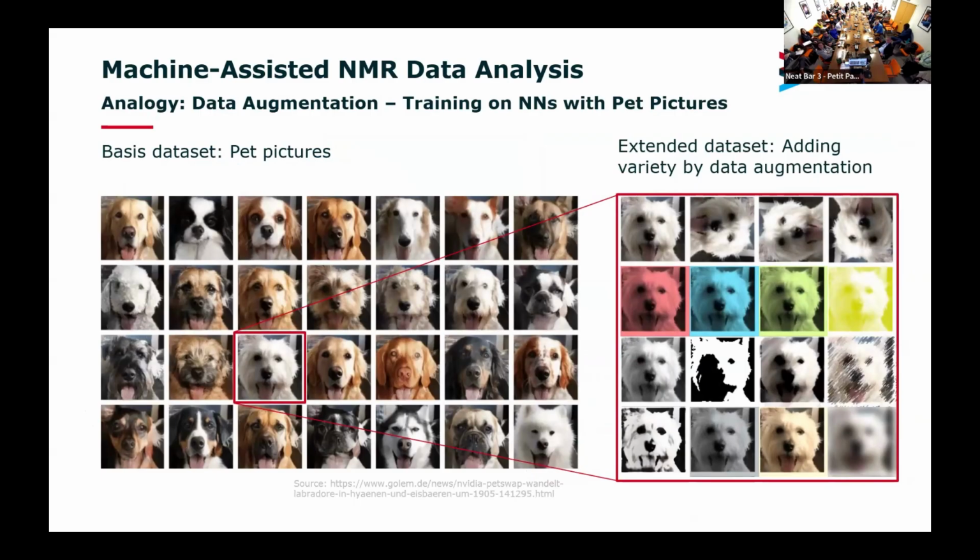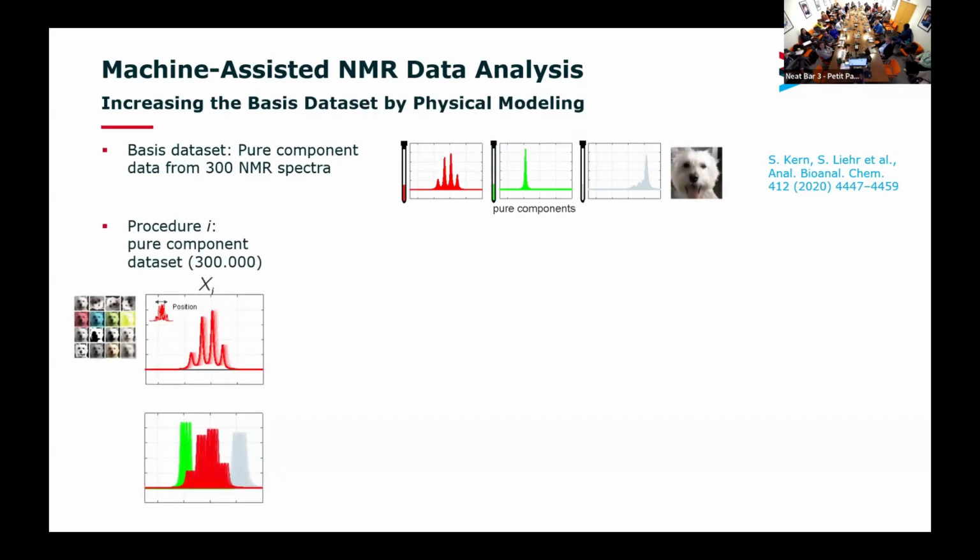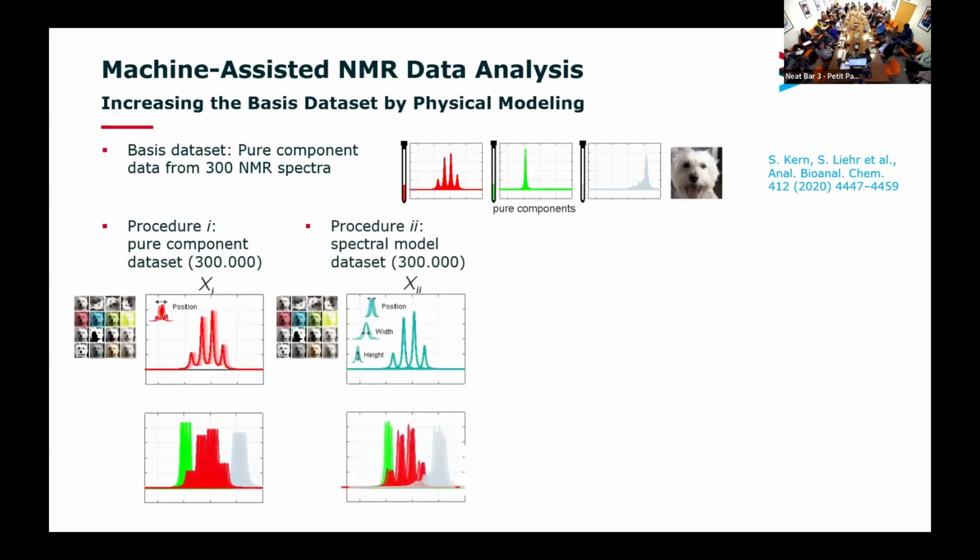And if we transfer this to what we did with the NMR spectrum, we took our pure component data from 300 NMR spectra. What we did basically is we inverted our process of this indirect hard modeling by moving the position of the peaks in our first procedure, and in the second procedure, moving the position, the width, and the height of the peak.